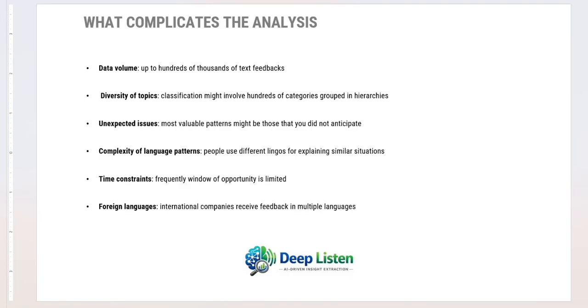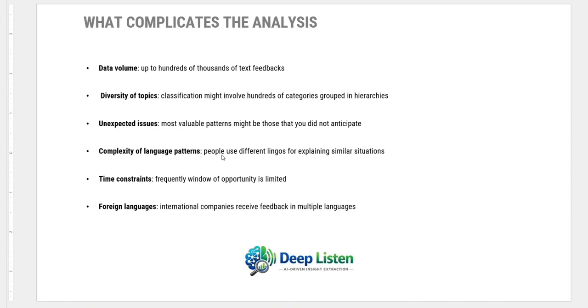Also, people tend to use different language to express similar ideas, and it is hard for the system to identify all these. So we need a system that would be able to work with different language patterns, mapping them to the category when people are talking about the similar issue.